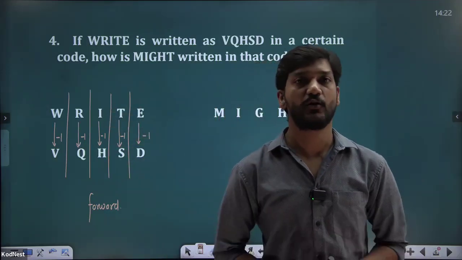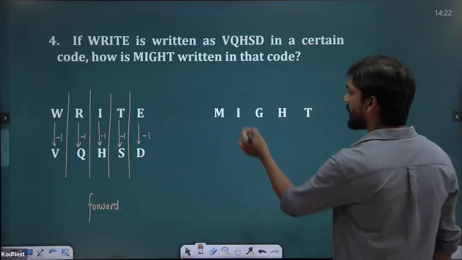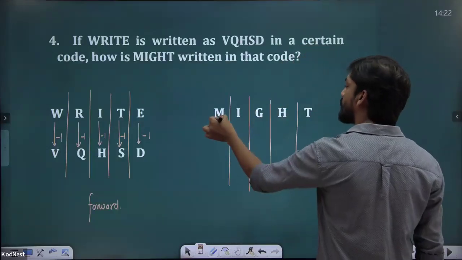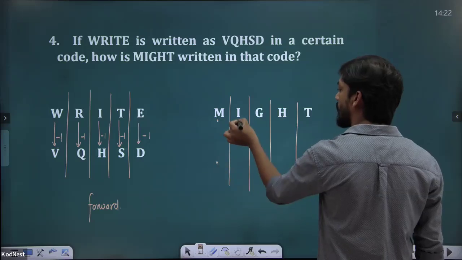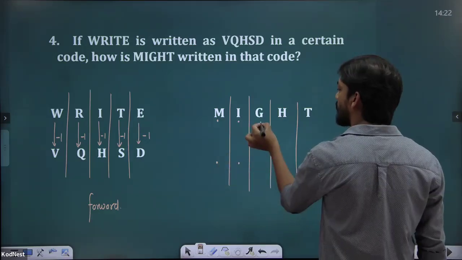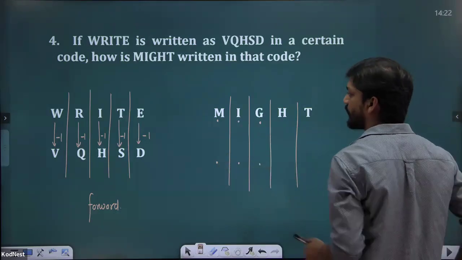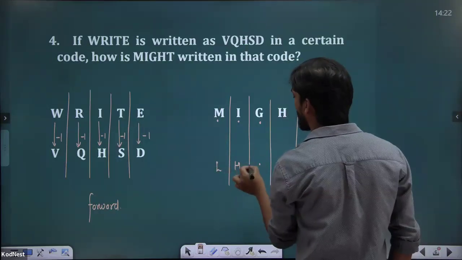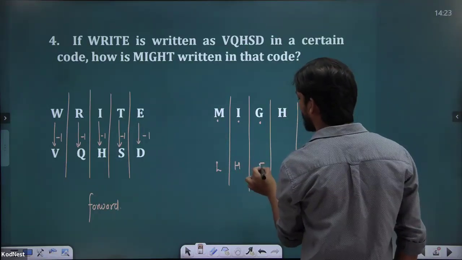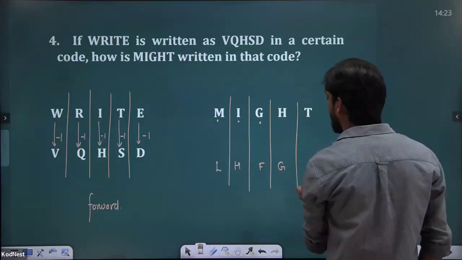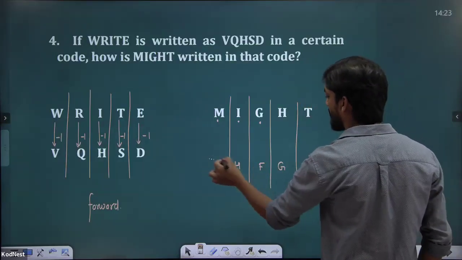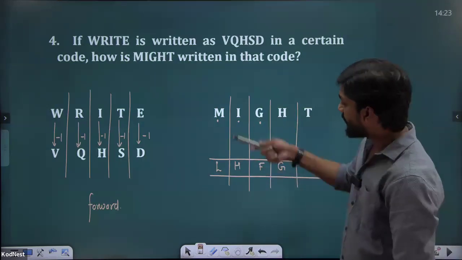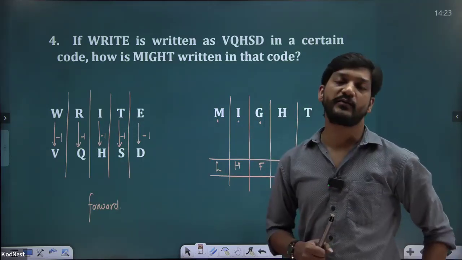So we have to write the previous letter as the code, and write the code of each at the same place. So L, M, H, I, F, G, G, H, and S, T. So this will become the code of this. We have to write the previous letter, nothing else.